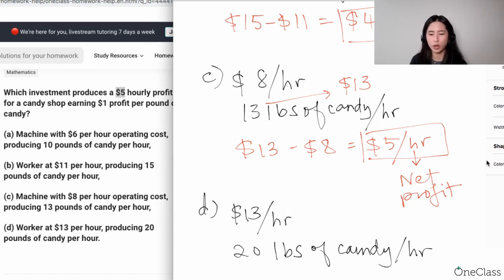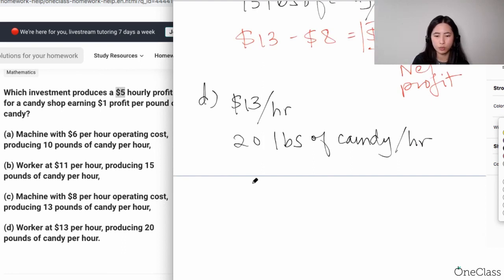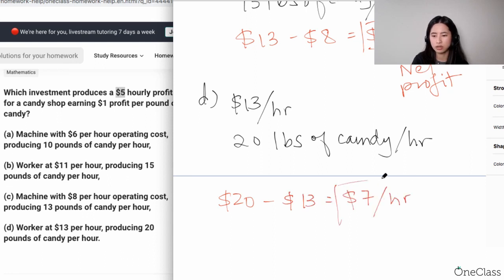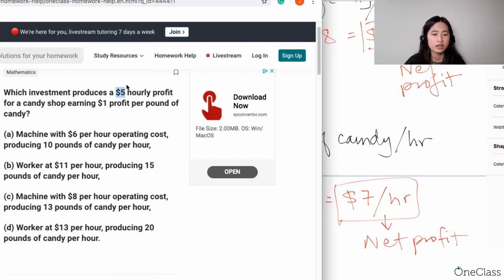So $20 minus $13, we get $7 per hour. So this is your net profit, which doesn't really answer the question because they're asking you to look for $5 hourly profit.